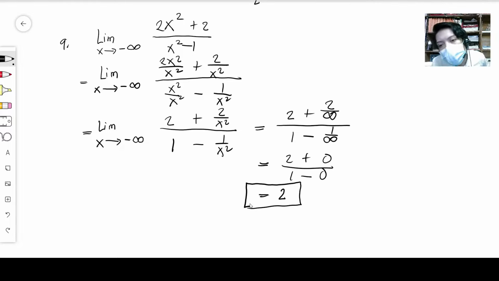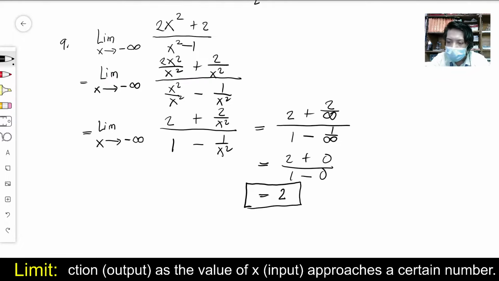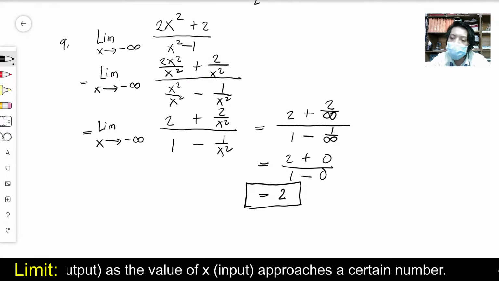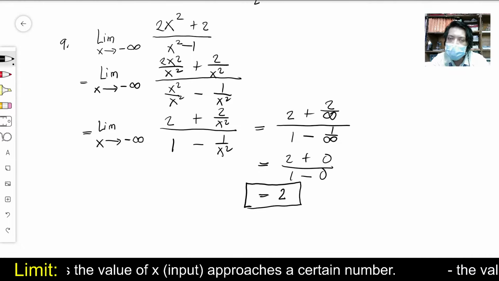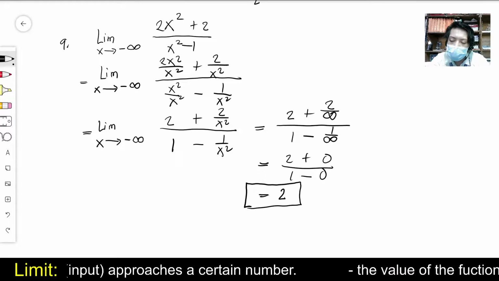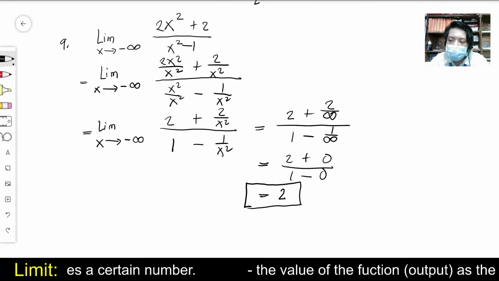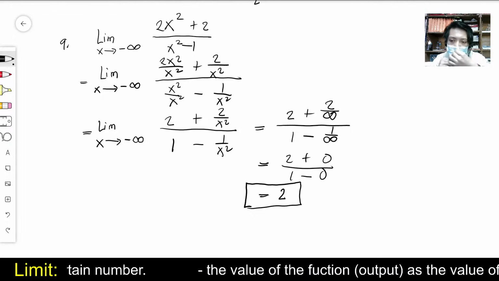Okay. So that's how you solve for the limits. So again, let me reiterate this one. Limit, let me write it here again. The definition of a limit. The limit is the value of the function, that means the output, as the value of x or any independent variable approaches a certain number.